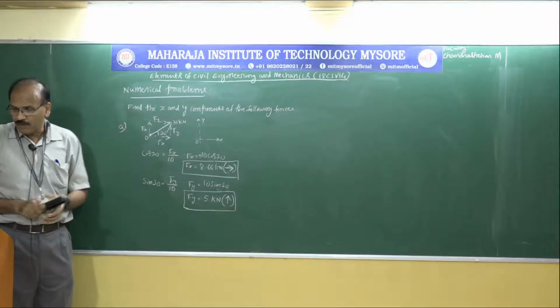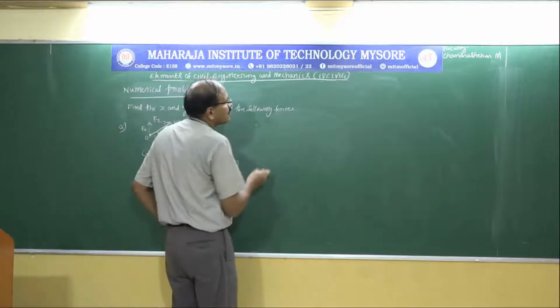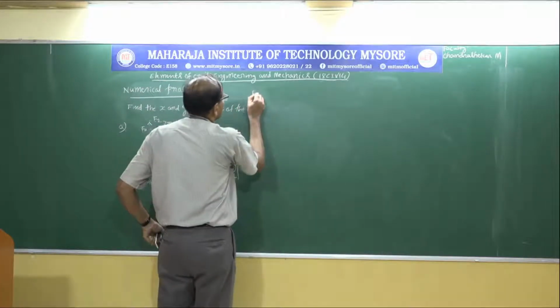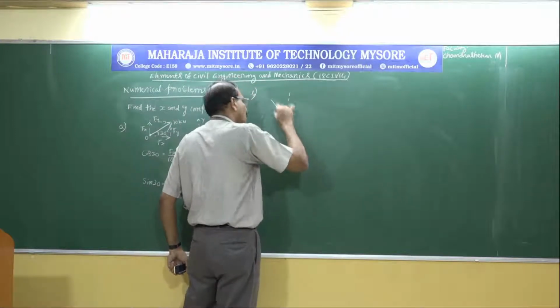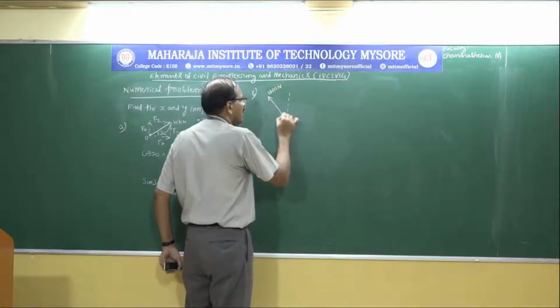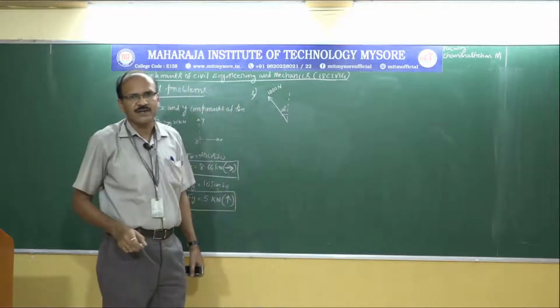Let me take the next problem, problem B. This is 1000 Newton. This makes an angle of 30 degrees with respect to the vertical.